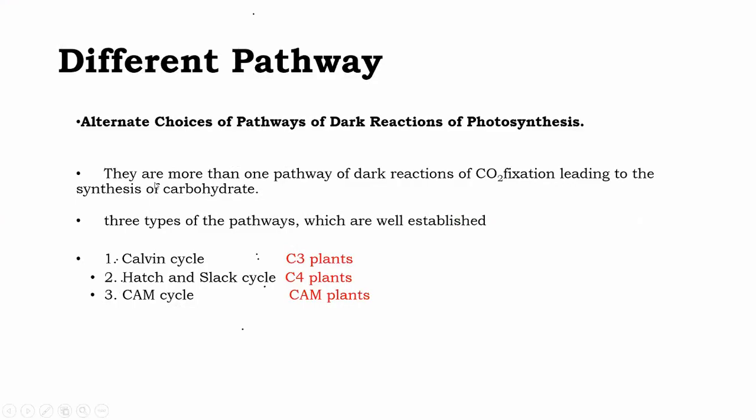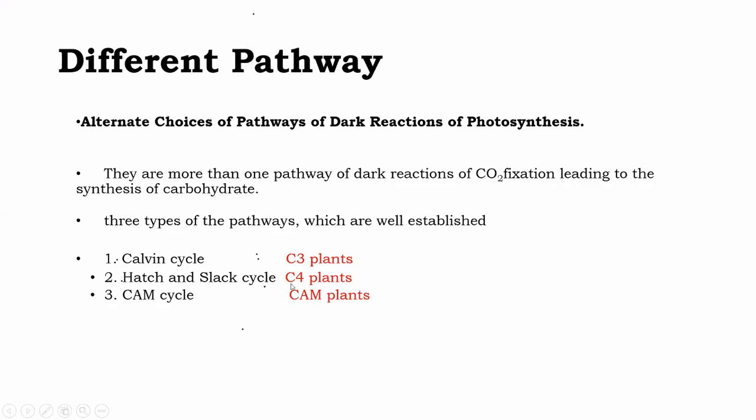One is the Calvin cycle. The other one is the Hatch and Slack cycle. The other one is the CAM cycle. All these three cycles take place in different plants. The Calvin cycle's end product is C3, a 3-carbon compound.